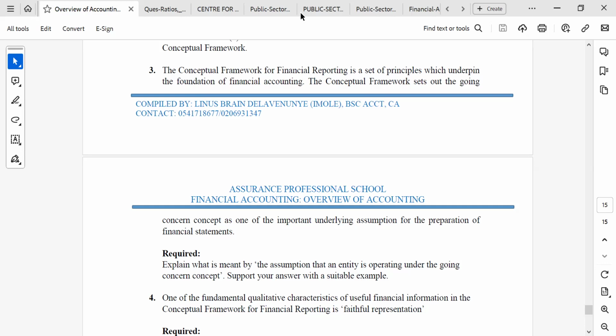of 10,000 from last year, and the receivables have been shown as a balance in the current year. That shows that the company is operating under the concept of going concern.